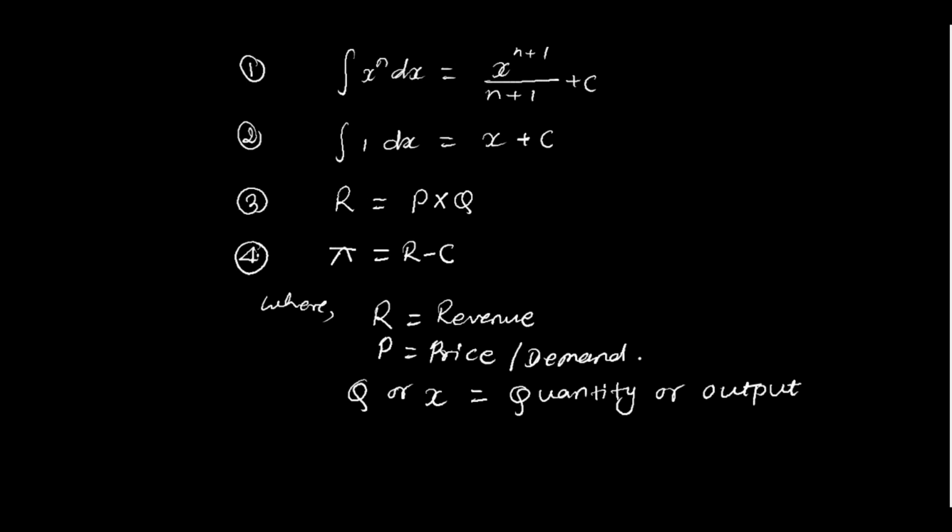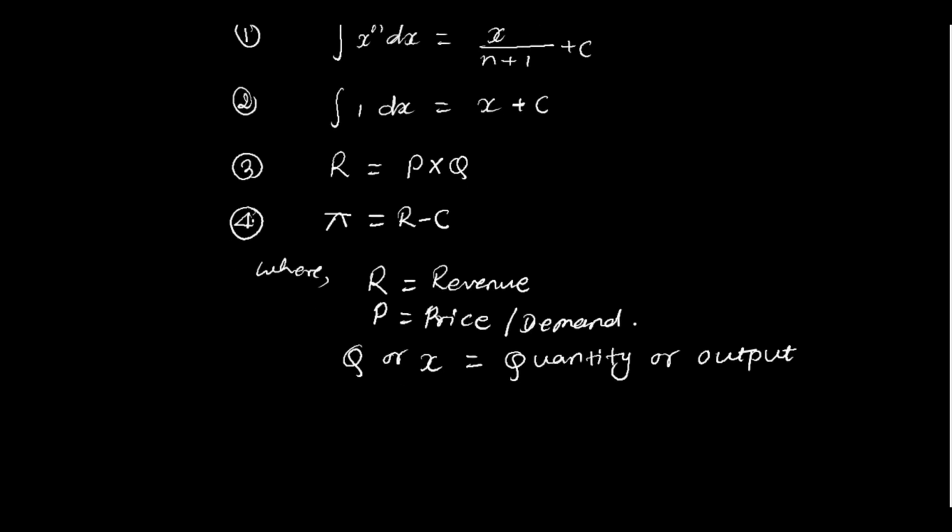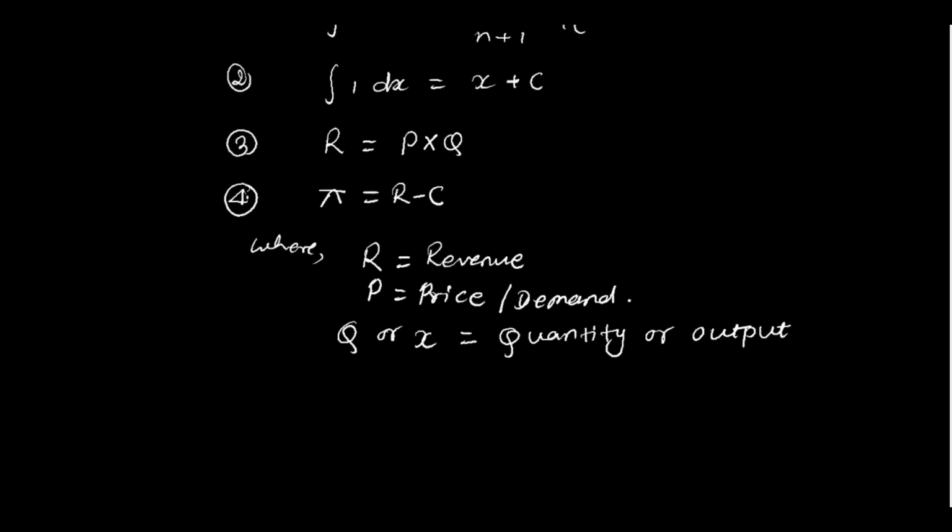Similarly, C represents the cost, that is total cost. Similarly, pi represents the profit.